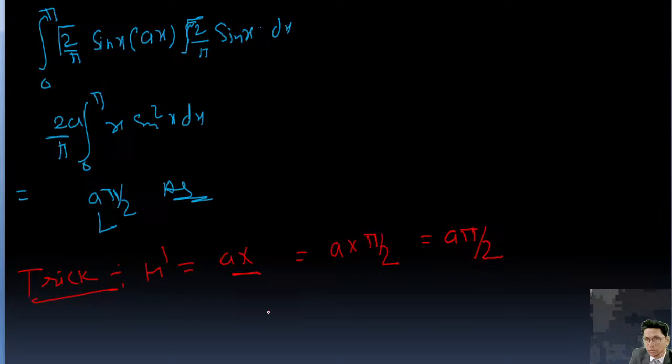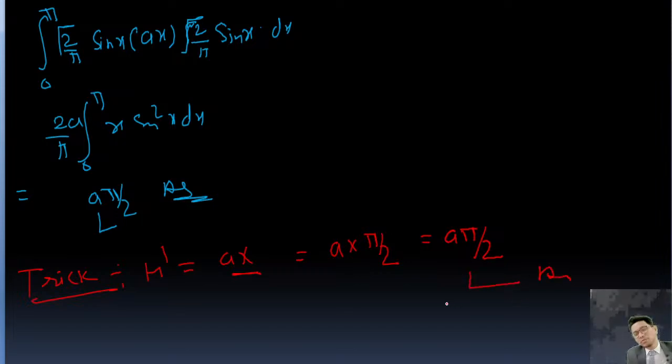So this is the trick, right? We'll replace x by length upon 2. The length is pi here, so we'll replace x by pi by 2. So a into pi by 2. This is the correction in the ground state energy to the first order in A. Okay, this is the answer.